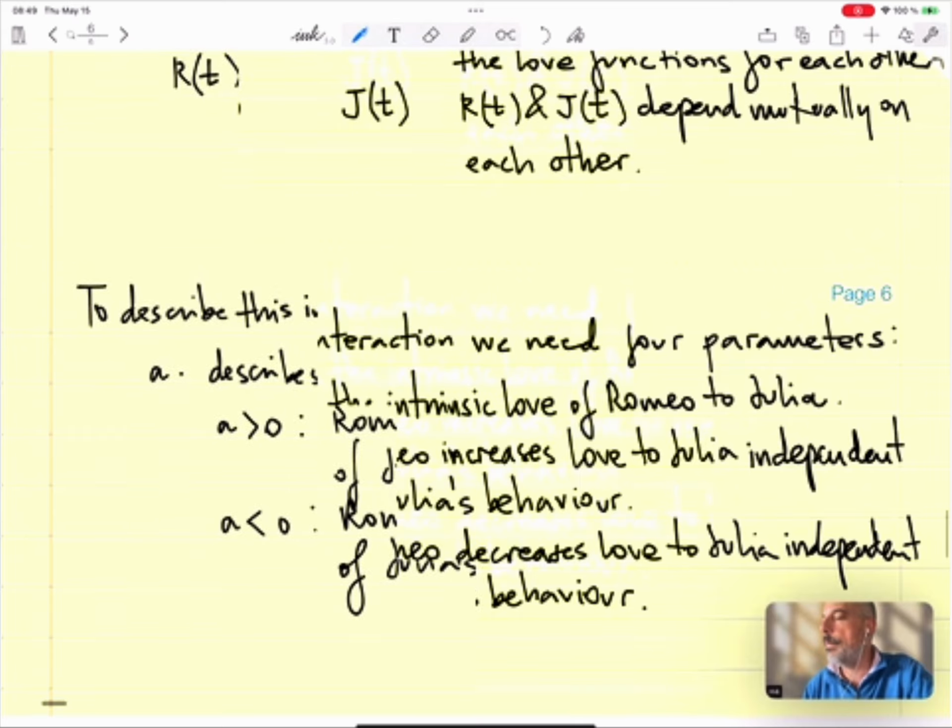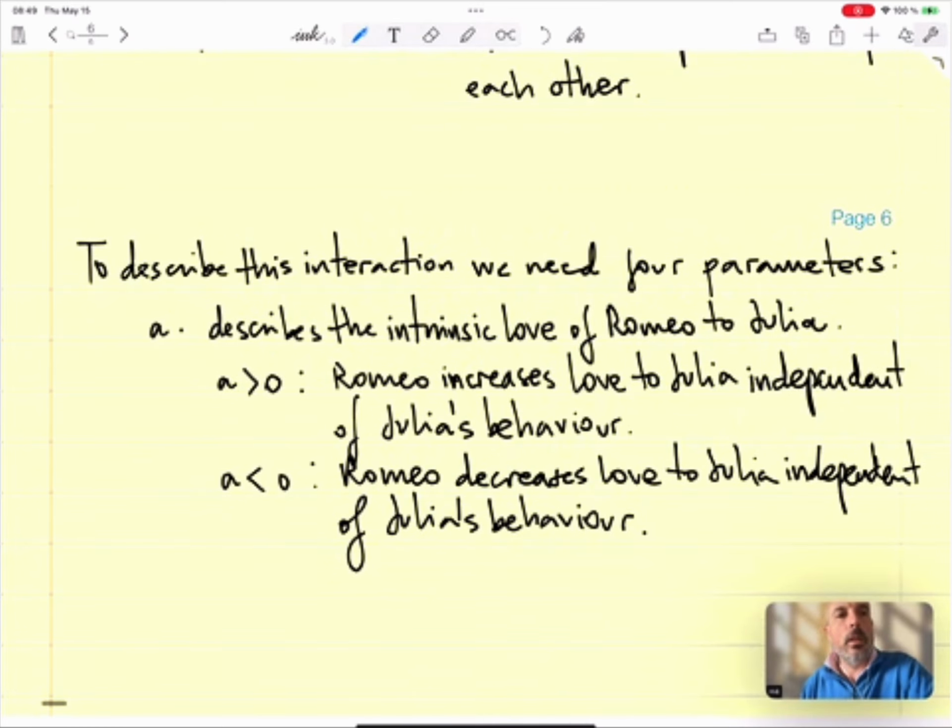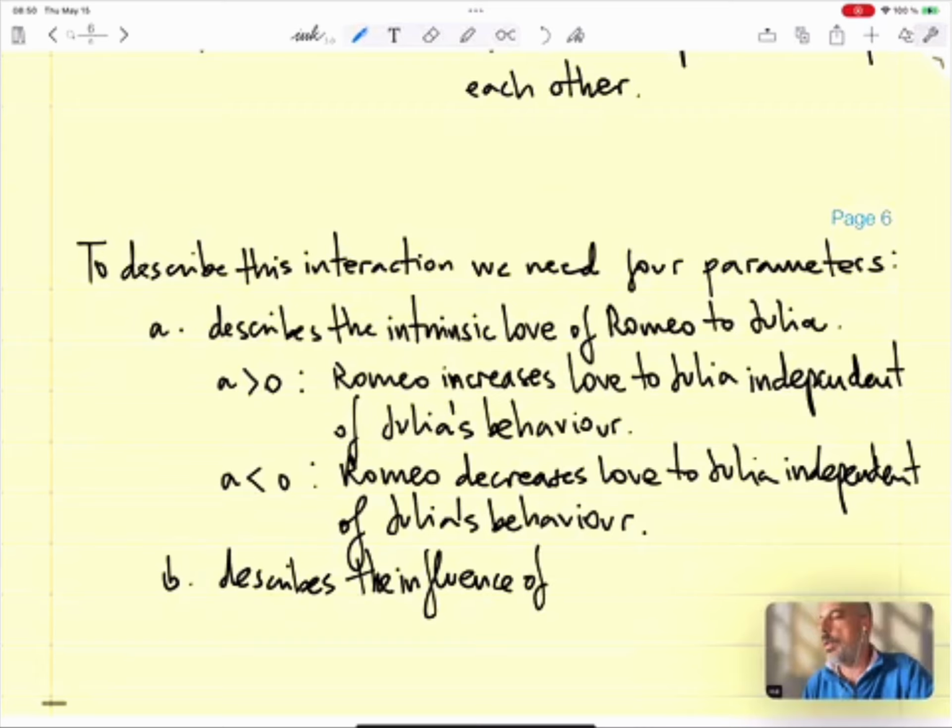Okay? So the second parameter, B, describes the influence of Julia on Romeo's love.